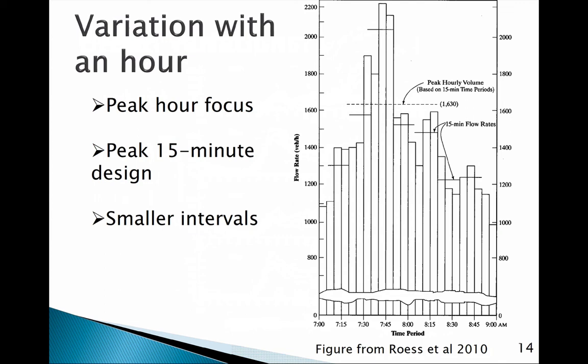things change, right? And we talked in one of our previous classes about the peak hour factor and how we'll identify the peak hour for our capacity analysis, but within that, what we're really focused on is the peak 15 minutes. So we'll look at the peak 15 minutes for our design. We look at the whole peak hour and then we calculate the peak hour factor. What that really tells us is how peaky it is within the hour.